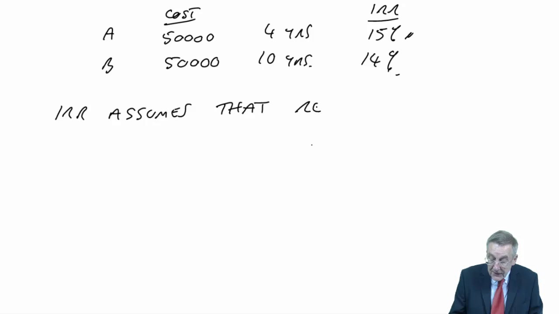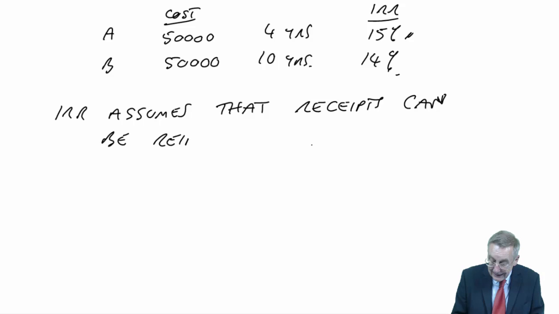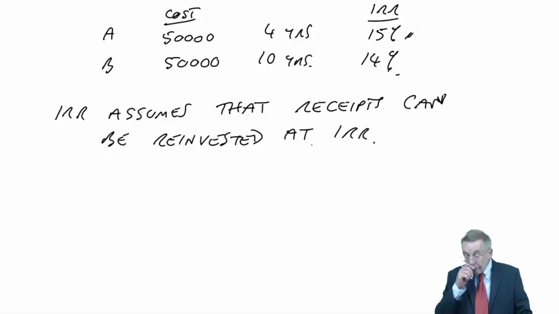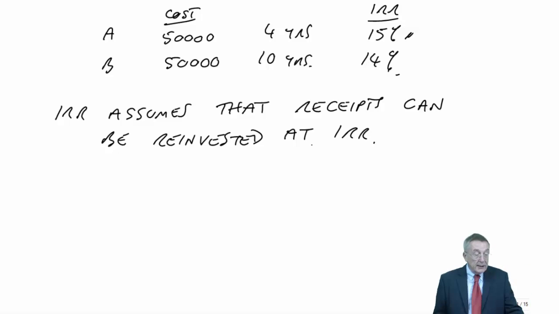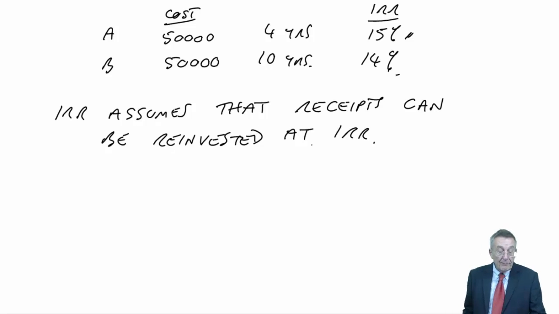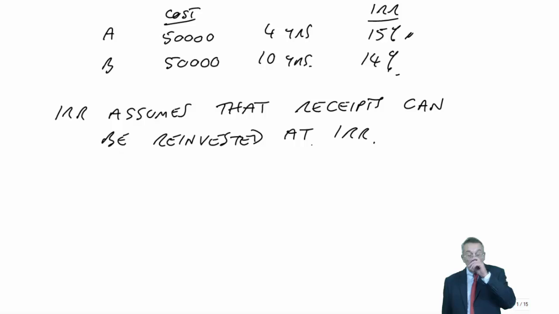Now, don't worry too much about that, except be aware that IRR effectively assumes that receipts can be reinvested at the IRR, which may or more likely may not be the case. And really for that reason, there is an alternative calculation, a different calculation.